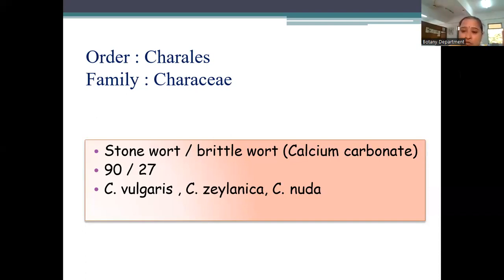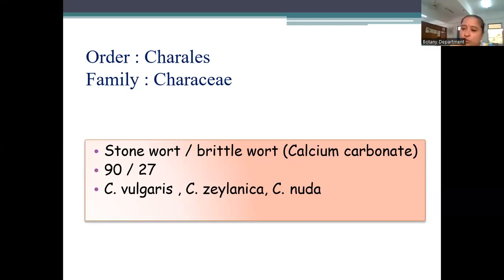Another most important point in Chara: where the water bodies are eutrophicated and rich in phosphorus, you cannot find Chara. Very, very most important. In eutrophicated and phosphate-rich water bodies, you can't see Chara. Chara is not found.